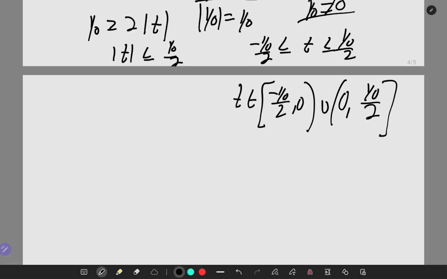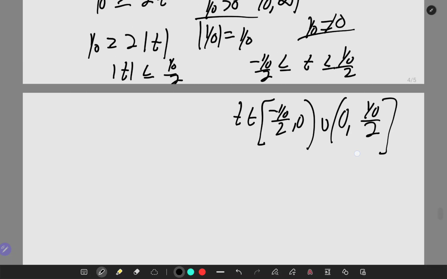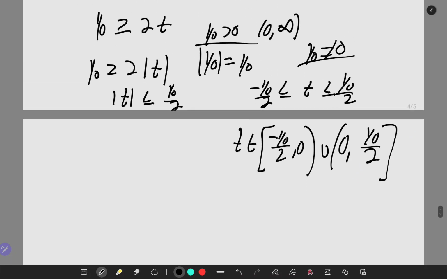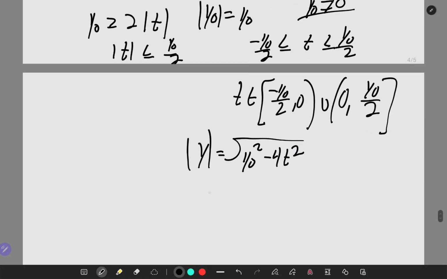So if we go back to our solution for our differential equation, for this case, we're going to have absolute value of y is equal to the square root of y naught squared minus 4t squared. So then that gives us y is equal to the square root of y naught squared minus 4t squared.